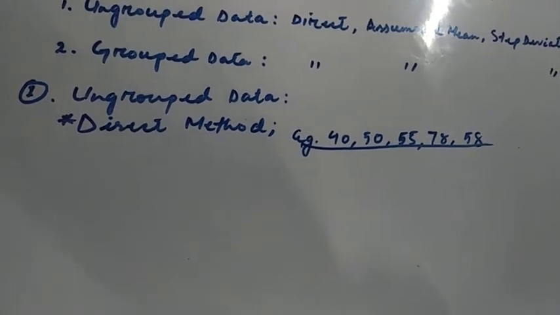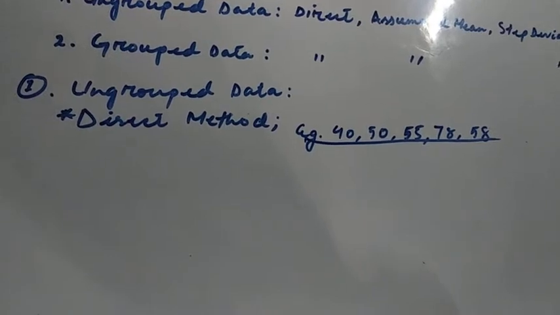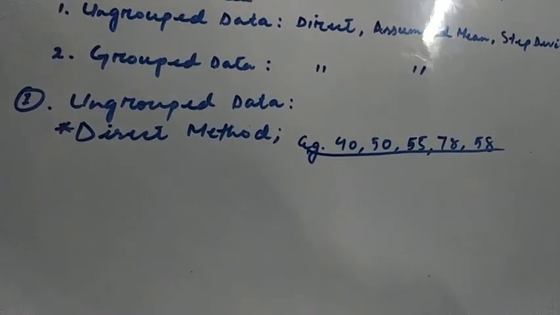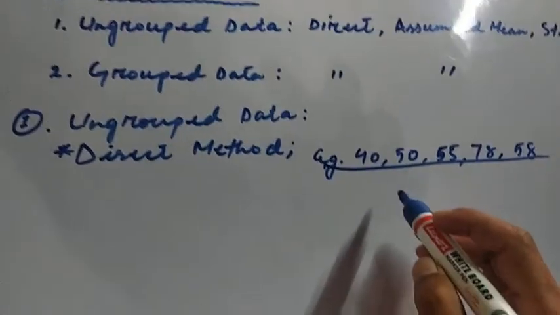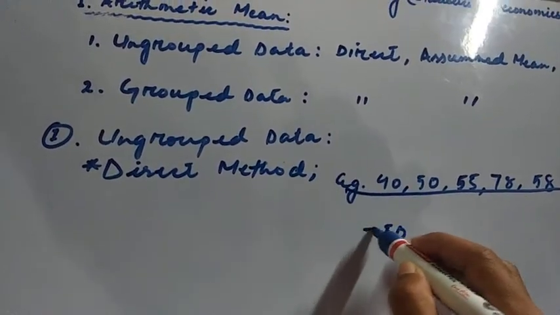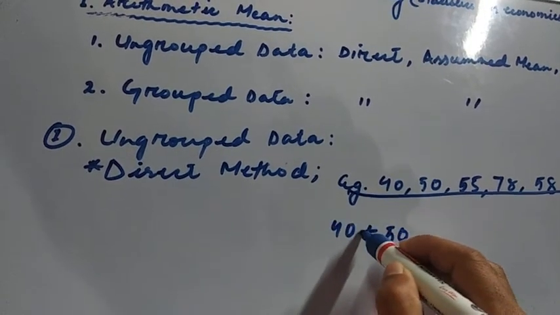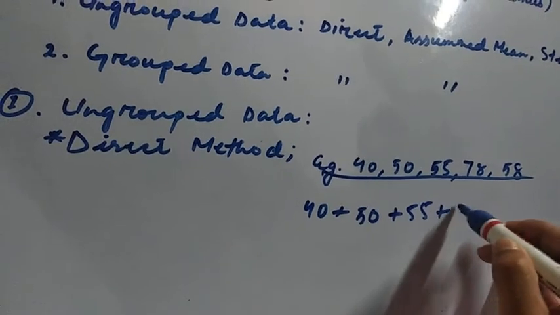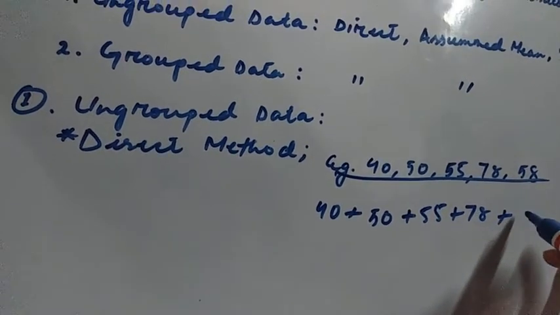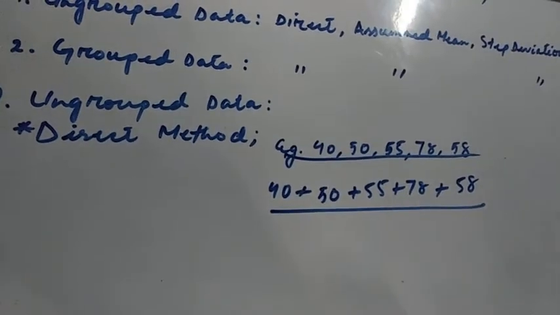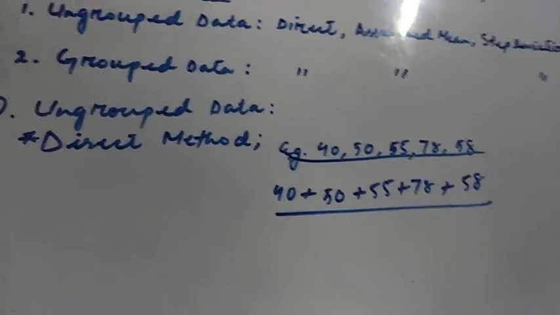What does the direct method say? We have to find the sum of all the observations in the series: 40 plus 50 plus 55 plus 78 plus 58, and we have to divide by the number of observations.